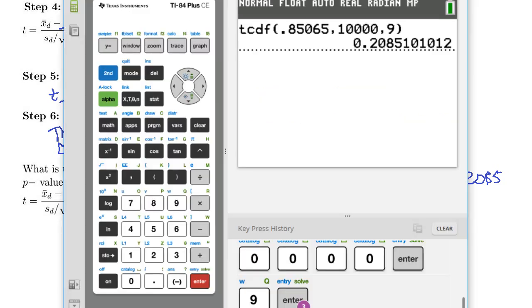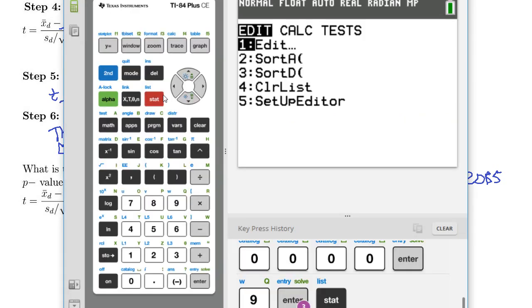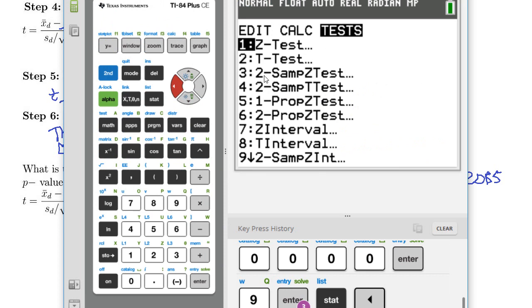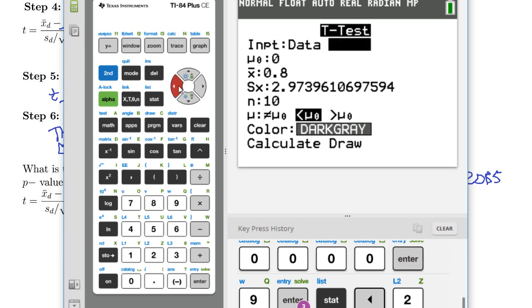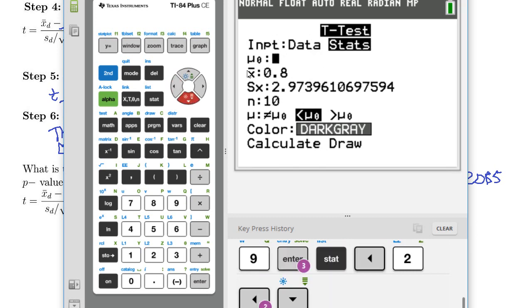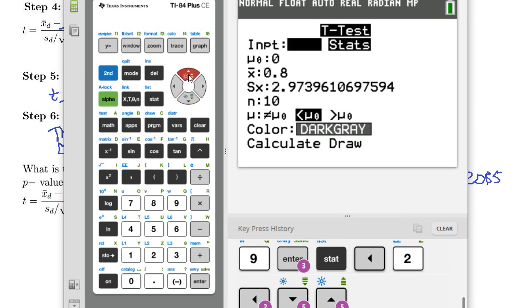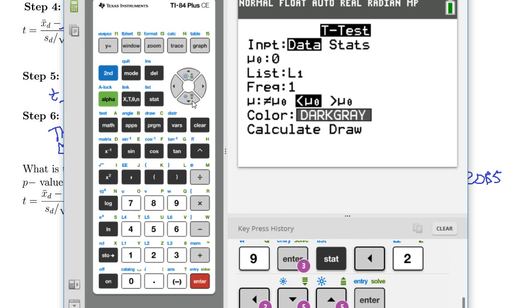And then if you want to verify this with the calculator functions, we can go to stat, tests, and then we just do a t-test, one variable. We've actually got data that we input. Our hypothesized mean was 0, we're using list 1.